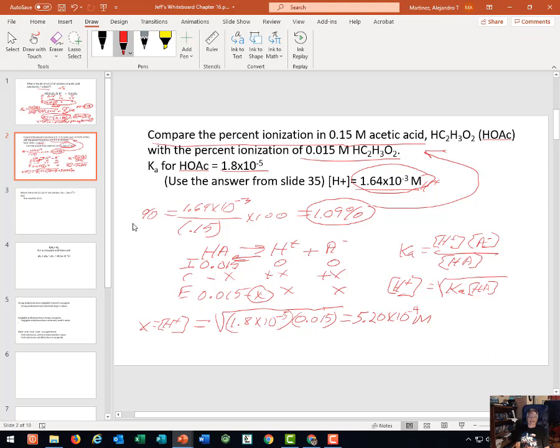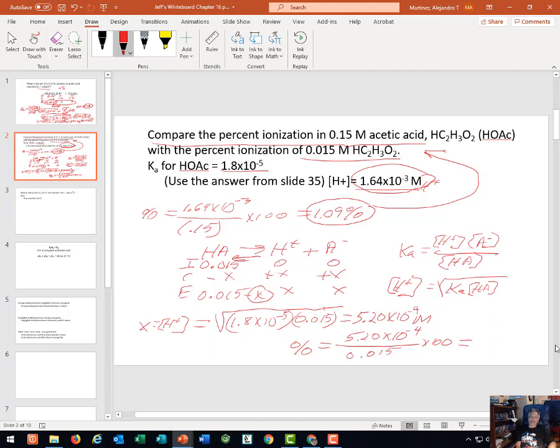However, let's take a look at the percent ionization. The percent ionization is going to be 5.20 times 10 to the minus 4 divided by 0.015 times 100.